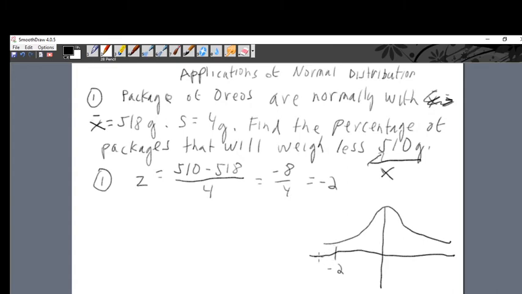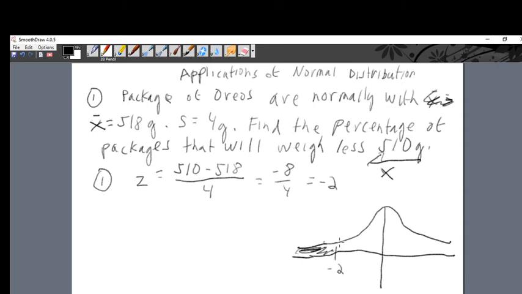These are weights of the packages, and below that is going to be less than -2. Okay, so we need to find the shaded area. How much percentage of these packages are going to be below -2, below 510 grams? How many are going to be in this area right over here? That's what we need to measure.